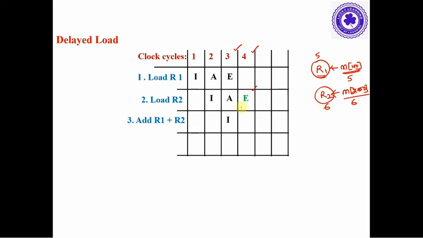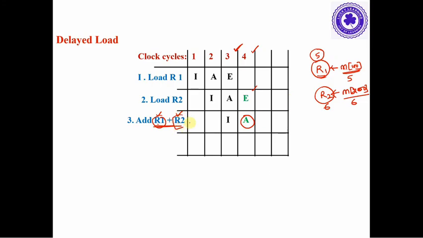And in the fourth clock cycle, the third instruction enters the ALU operation. What is the third instruction? It performs the addition of the R1 value and the R2 value. The R1 value is available in the fourth clock cycle because at the end of the third clock cycle, R1 already had the value 5.